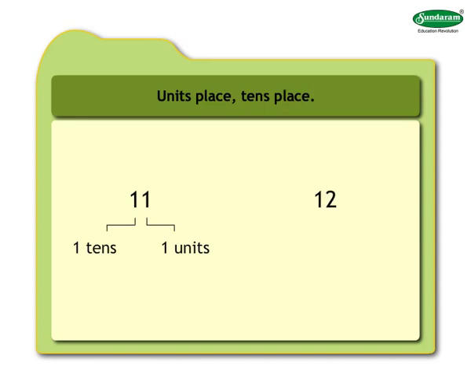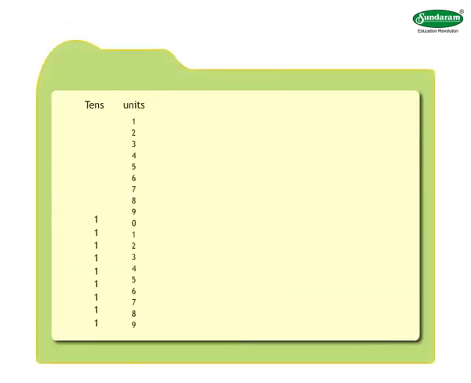Similarly, in 12, there are 2 units and 1 ten. Now see the table where we place the digits of numbers from 1 to 19 in units and tens place.